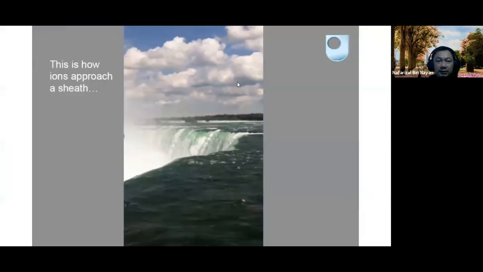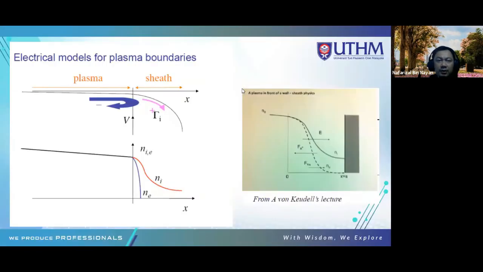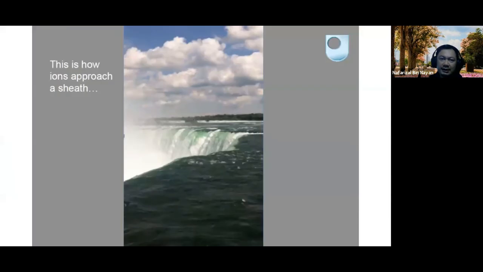So let's think of ourselves as the ion inside the plasma. What you will see is that when the ion tries to approach a sheath, you will see something like this. You will see a very sharp drop at the end of the wall.